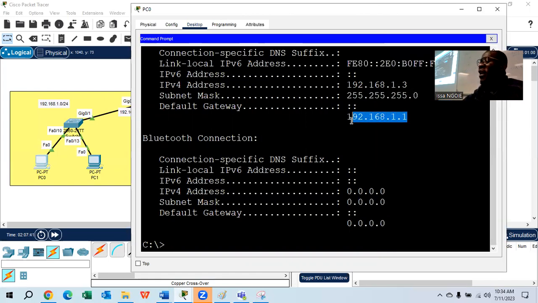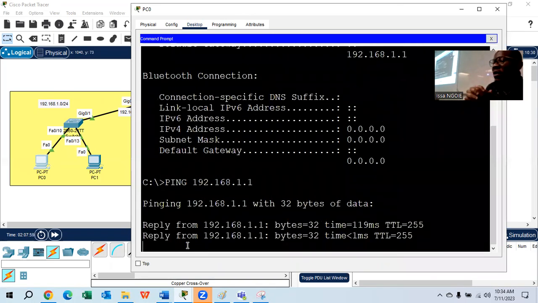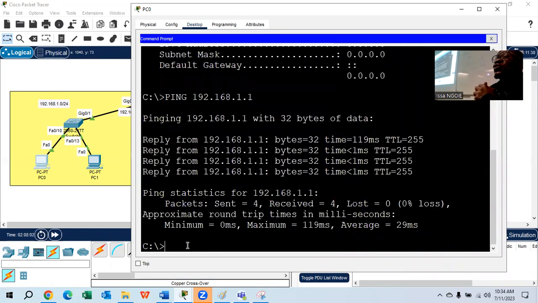My default gateway is 192.168.1.1. So we're going to try to ping the default gateway. We're going to check if my computer can communicate with the router or the wireless access point. Yeah, so that computer can talk to the default gateway.